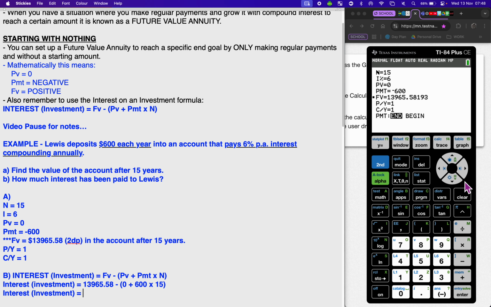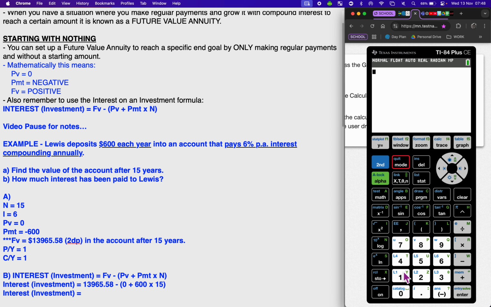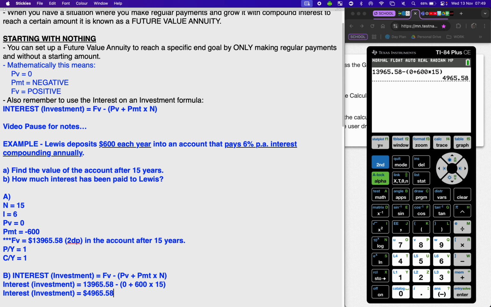If I want to keep using the graphics calculator, I press second mode because you can see quit in blue there, and I can just access the straight maths. So $13,965.58 minus 0 plus 600 times 15 in brackets. So that tells me the bank pays $4,965.58 in interest paid to Lewis.